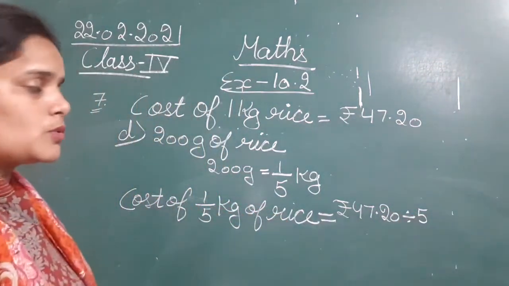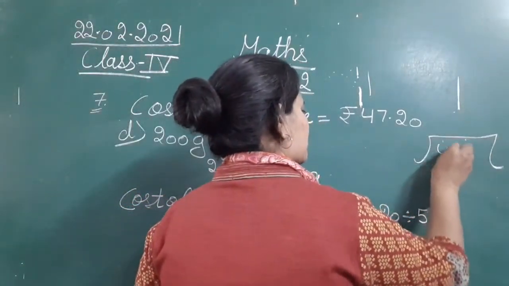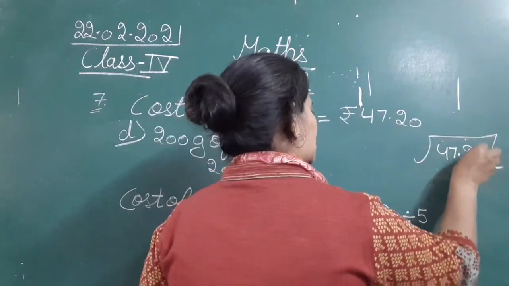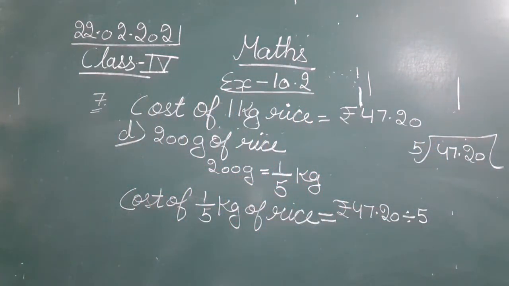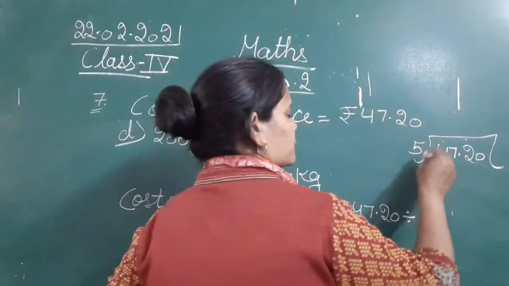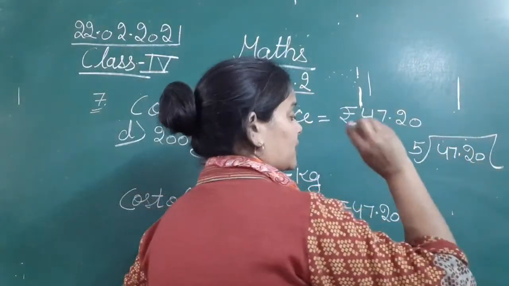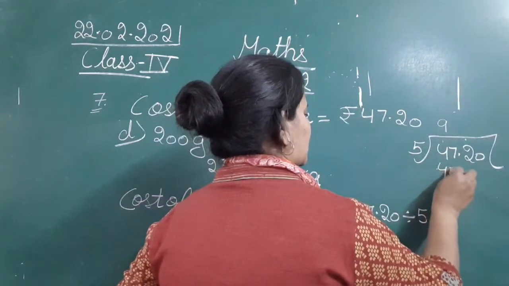Okay, so let's do the division here. So let's divide 47 rupees and 20 paise by 5. Okay, चलिए. 5 8s are 40, 5 9s are 45.